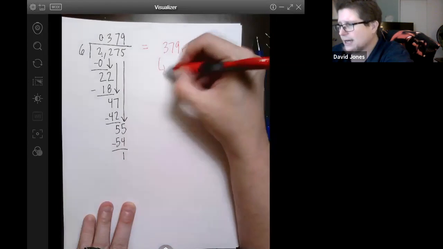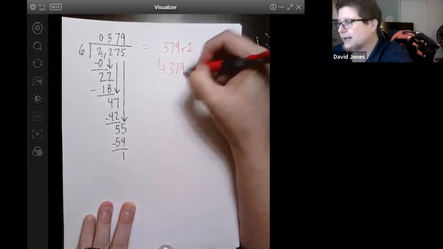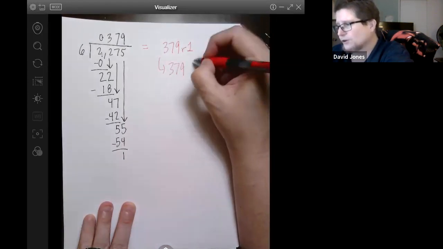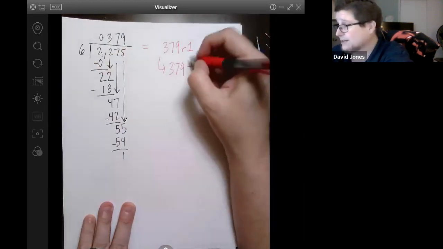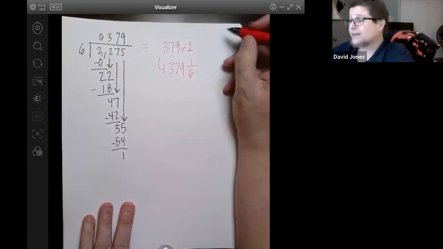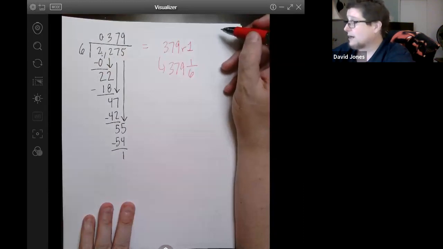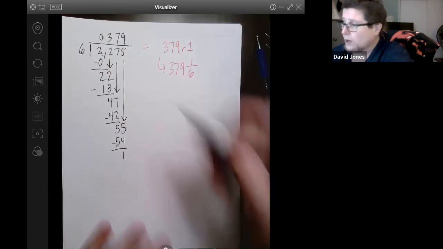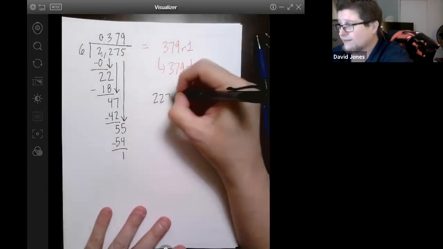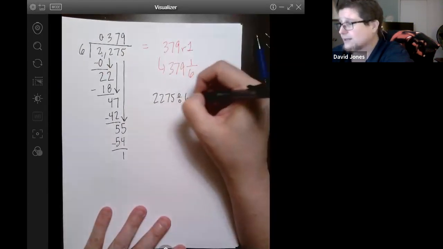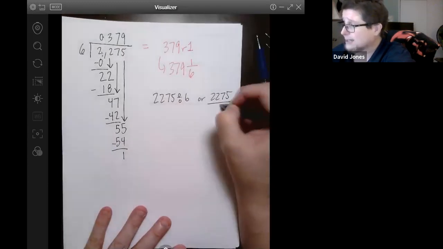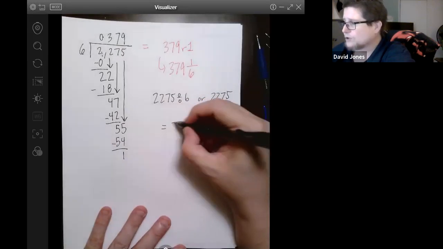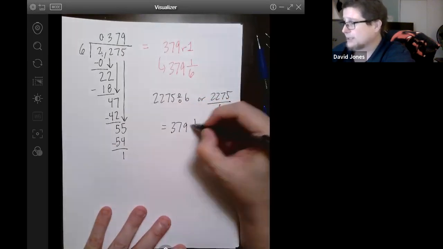What we do say is 379, and we'll put the remainder, which is 1, over the divisor outside. 379 and 1/6. This was 2,275 divided by 6, or 2,275 over 6 equals 379 and 1/6.